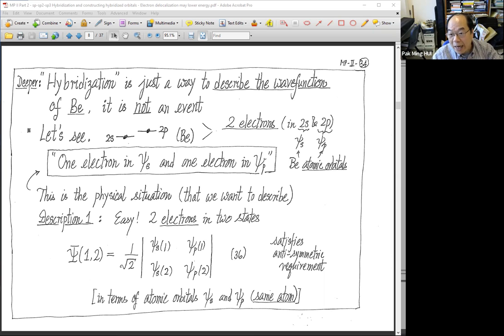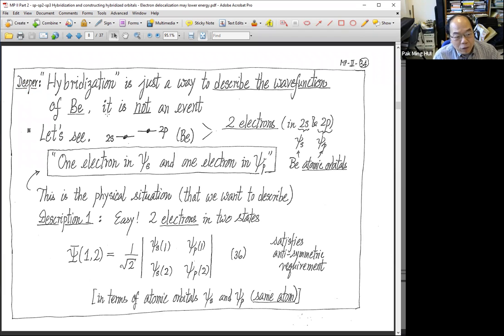The next few pages is slightly deeper, but again, the main theme remains no new physics. Okay, so I want to write some 2 electron wave functions out.